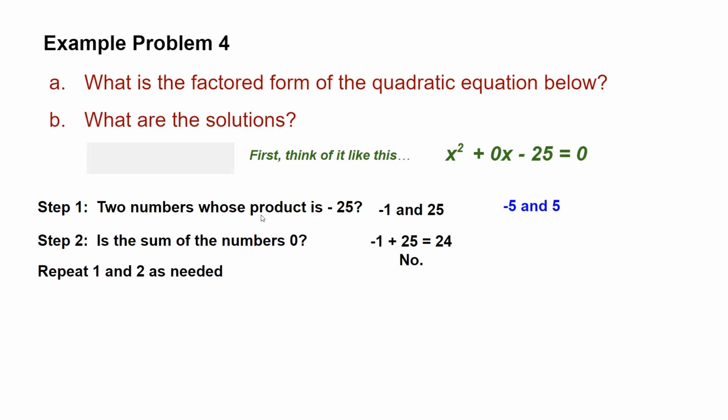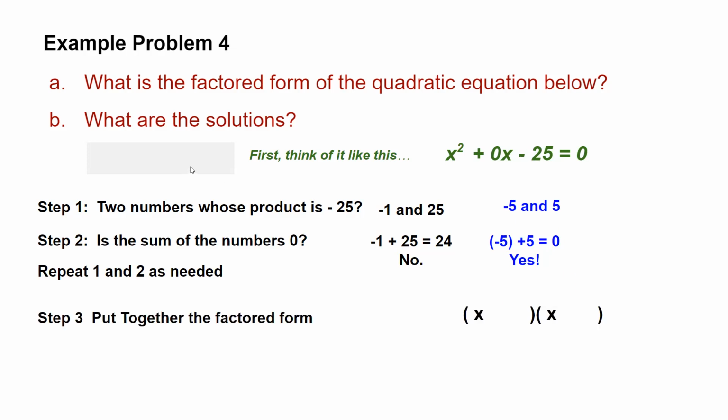How about -5 and 5? -5 plus 5 is 0. -5 times 5 is -25. That seems to work. So let's put together our factored form. X minus 5, x plus 5 equals 0.